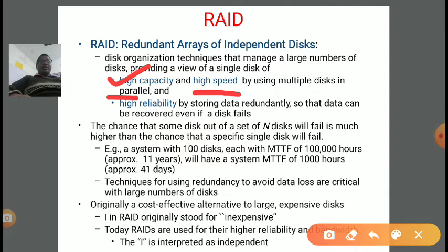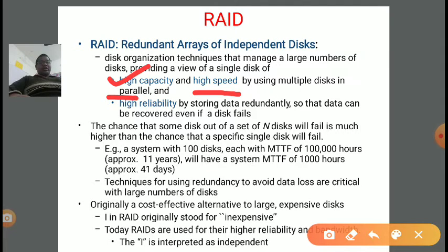Now, high reliability by storing data redundantly. High reliability means there is less chance of data destruction, right? So high reliability by storing data redundantly, so that data can be recovered even if a disk fails. That's why here we are storing the data in redundant form. So at least at one place, if the data is destroyed or lost, then it will be available on some other disk.